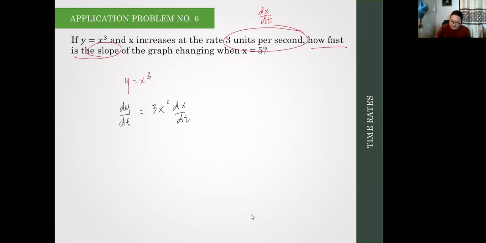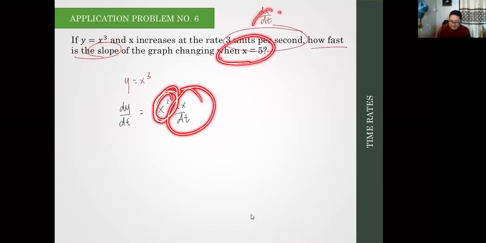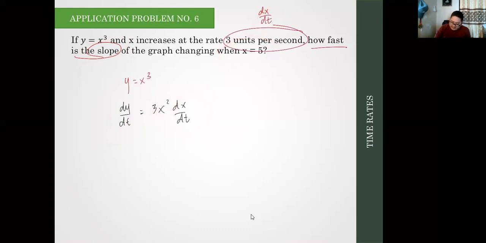Ngayon pinapahanap, what is the slope? Yung slope na yun is ito, dy over dt. And then, dx dt natin given when the value of x is equals to 5. Okay? So, substitute lang natin. So, dy over dt is equals to 3 times value daw ng x is 5 squared and dx dt natin is 3 units per second.